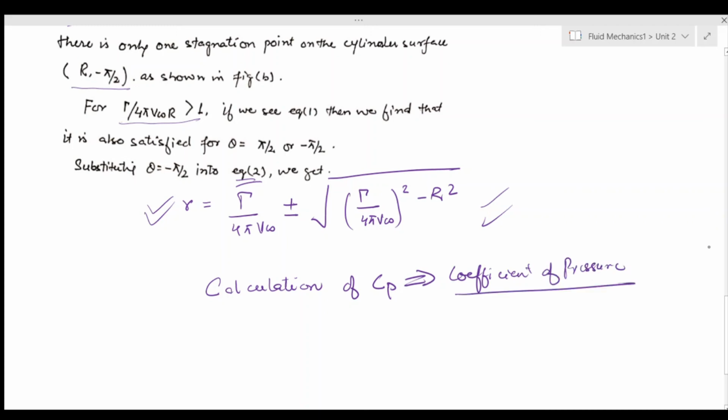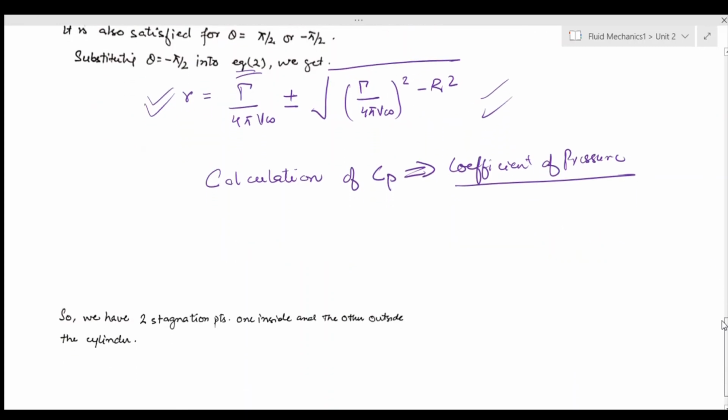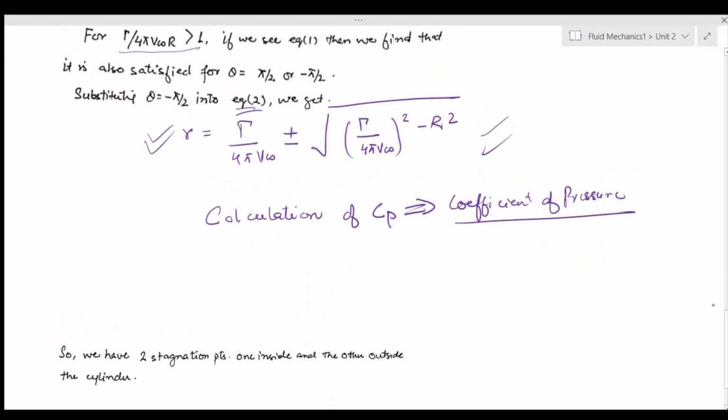This is something which I am not covering right now, and what we are going to do there is use an equation known as Bernoulli's equation.